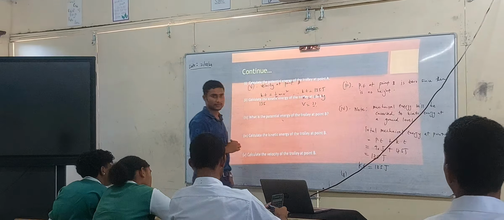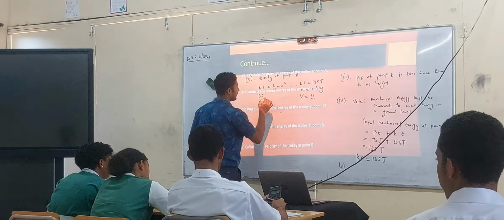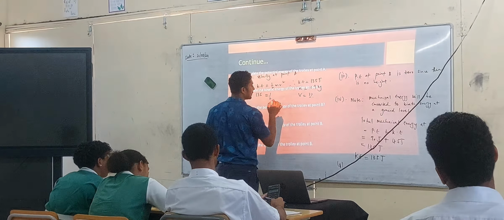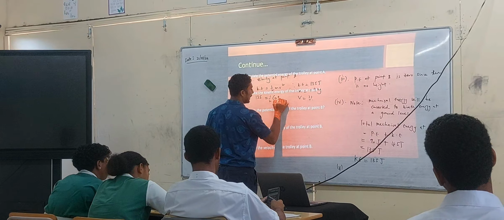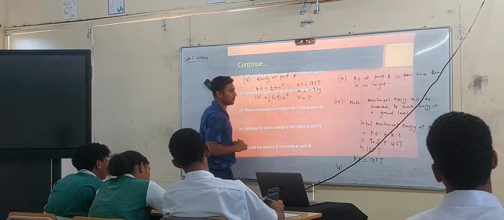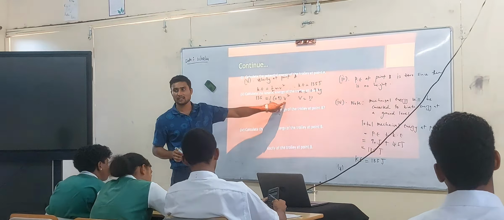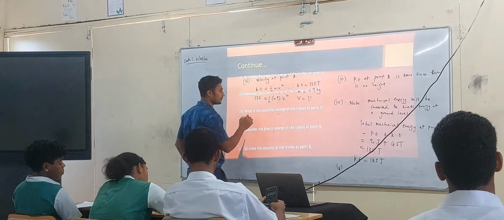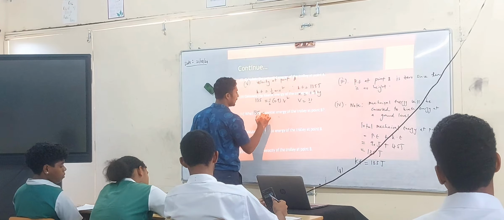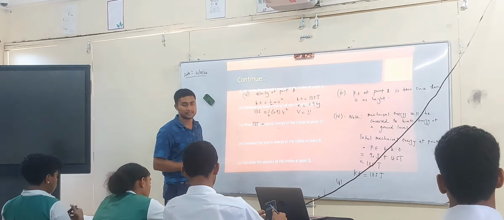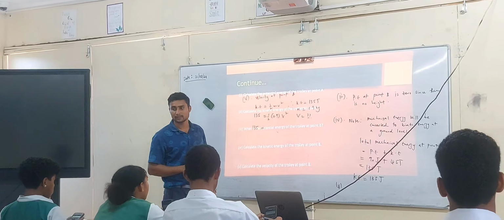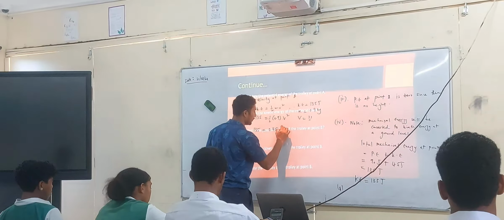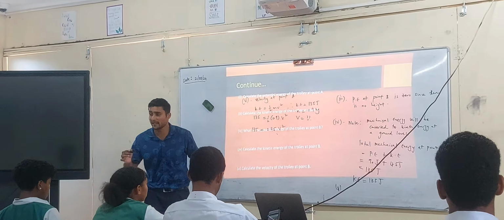Yes, we can. So 135 is equal to half, mass is 0.9, and then V squared, because we don't know V. V is our velocity, which we don't know. So 135 equals half times 0.9, what do you get? 0.45 V squared. Now what is your next step?